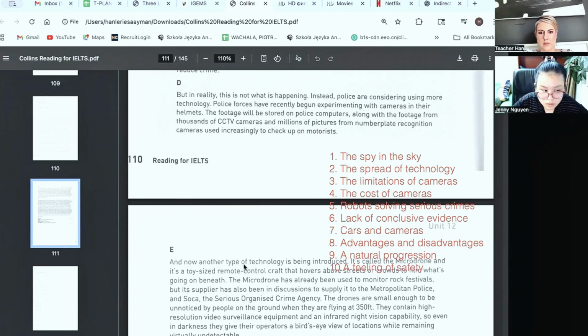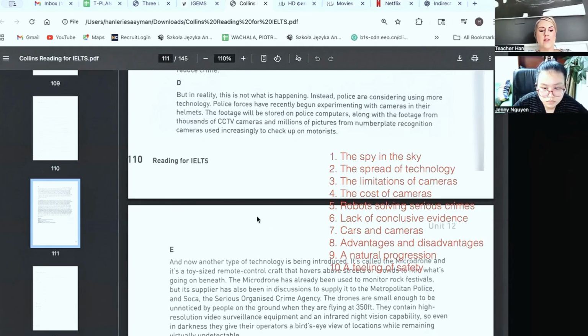Cars and cameras. The spread of technology. That's going to be the spread of technology, because police forces have recently begun experimenting with cameras and helmets. The footage will be stored in police cameras. So it's the spread, the use of technology everywhere.